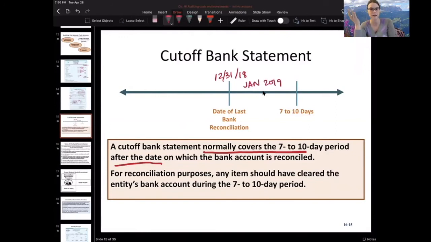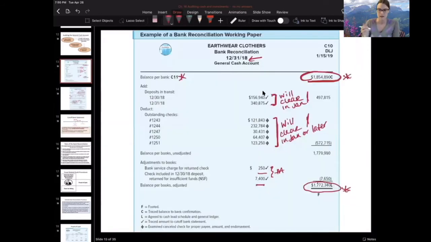The point of me getting a cutoff bank statement that covers the first week or two of January 2019 is it should show me my deposits in transit, my outstanding checks clearing the bank. I should be able to see these transactions clearing the bank, and then I can validate that, yep, that happened, yep, that happened.